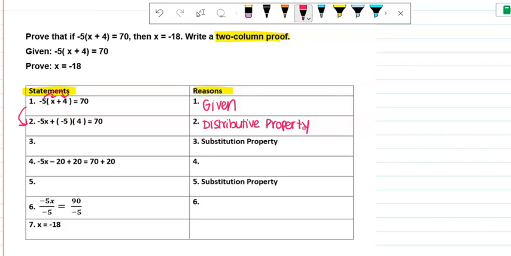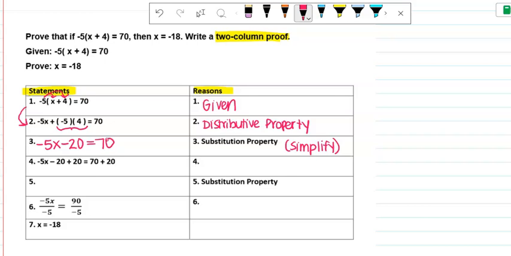Okay, so then if you are solving this, we have to now fill in a statement. So now it looks like we're using substitution, which just means that we simplified the problem, okay? So hopefully you can see we probably want to take care of that -5 times 4. So the next line would be -5x minus 20 equals 70.